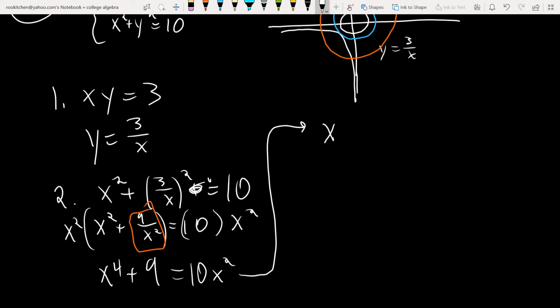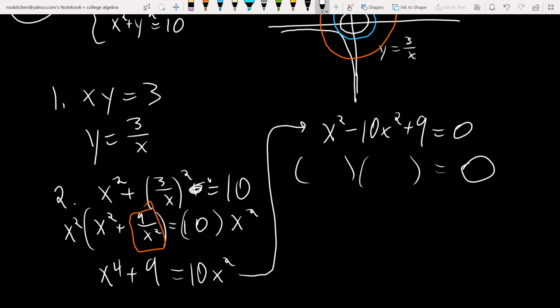It has a quadratic form, believe it or not. So we can factor it. So I'll have, this should be x to the 4th, sorry. x squared minus 9, x squared minus 1. Okay, and then set those equal to 0.